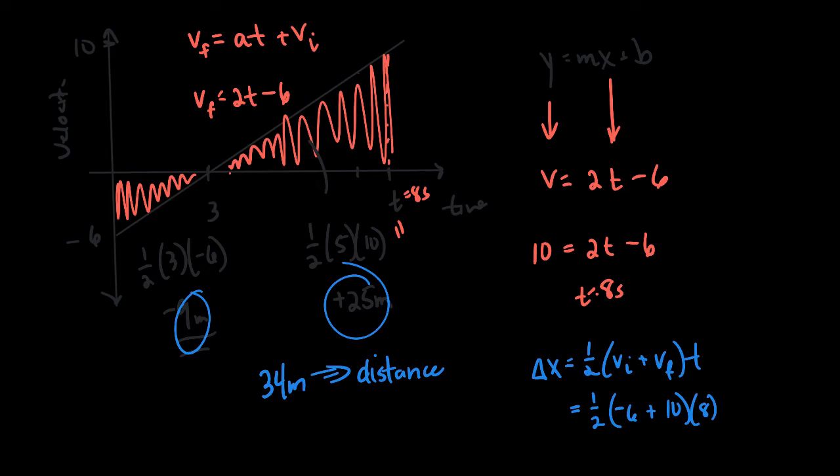Oh, I'm sorry. It's 4 times 8 is 32, half of 32 is 16. So you can do it that way, or you can just add those two numbers, leave the negative sign in there and get 16.